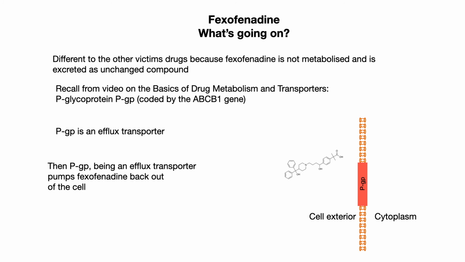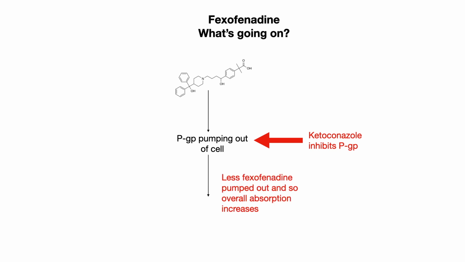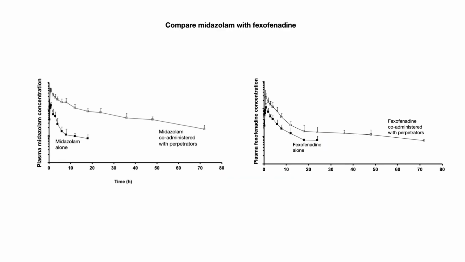It is an efflux transporter. So Flexophenidine is being pumped out of the cell by PGP. Ketoconazole, in this case, inhibits the PGP, and therefore less Flexophenidine is pumped out, so the overall absorption increases.